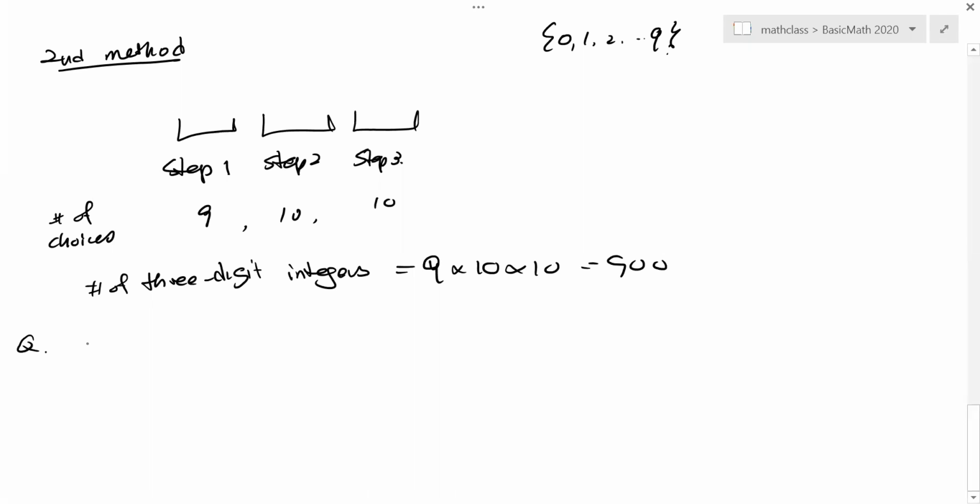So the next problem is slightly changed, okay? Because the question is how many 3-digit even numbers? Yeah, how many 3-digit even numbers?